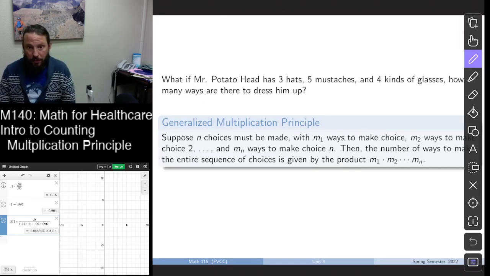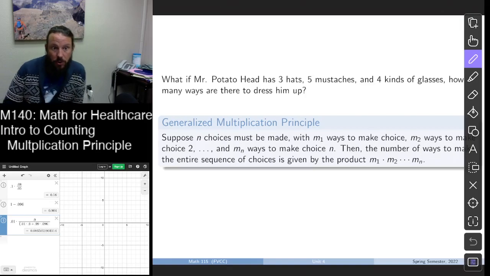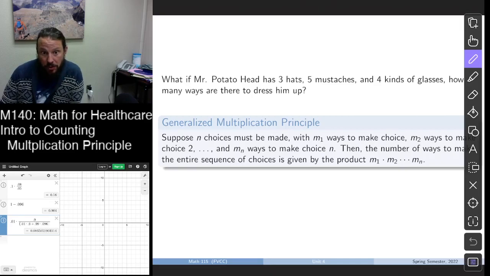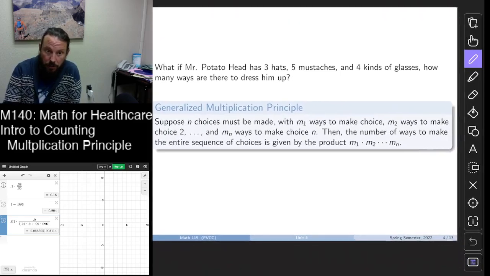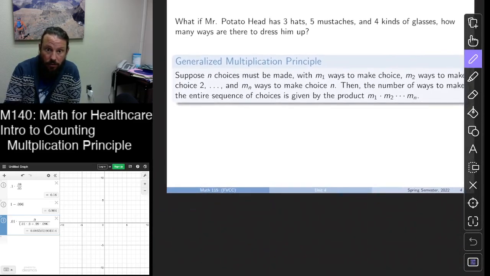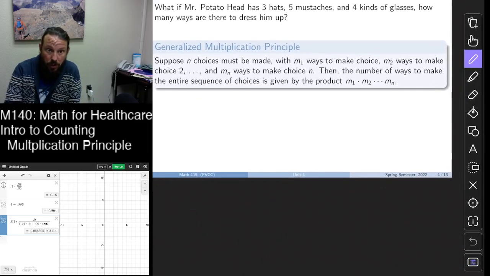And this is an example of the generalized multiplication principle. We have n choices being made, with m1 ways to make choice 1, m2 ways to make choice 2, and then we multiply them all together.